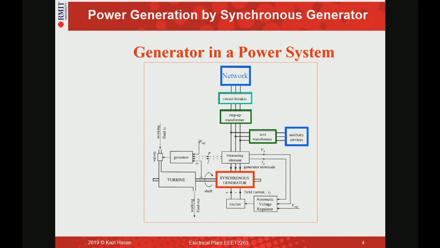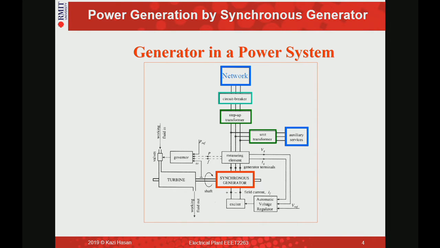And then you are supplying this power through the step-up transformer to the rest of the network. So this is just a visual representation of where a synchronous generator sits in a power system, and there are different types of controller. There is a governor, which is an essential part of generation control, and here it is called AVR, automatic voltage regulator.